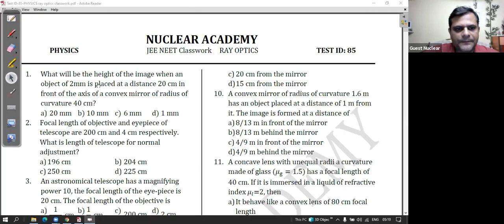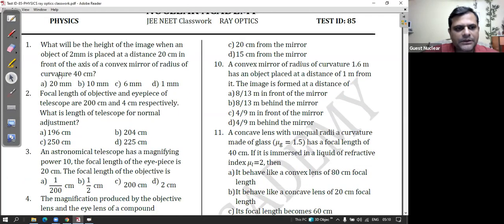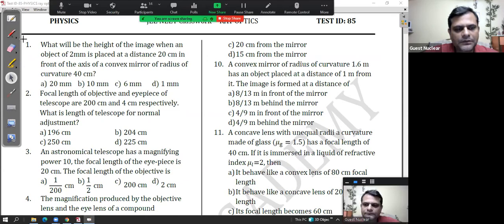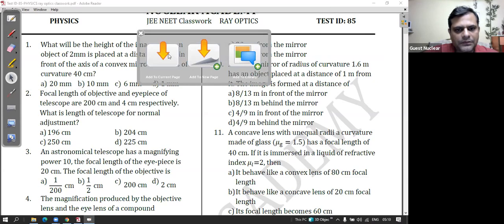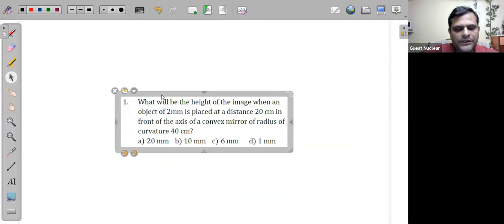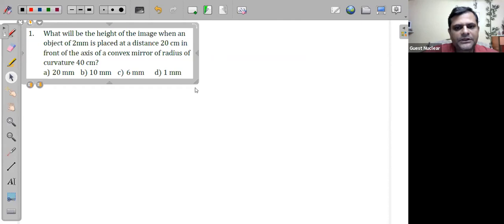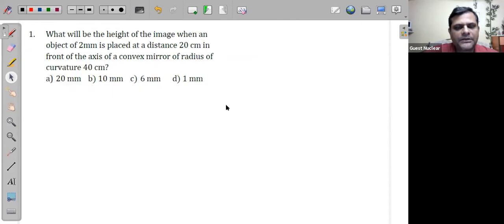Yes. Consider this first question here. Read it carefully. What will be the height of the image when an object of 2 millimeter is placed at a distance of 20 centimeter in front of the axis of a convex mirror of radius of curvature 40 centimeter.